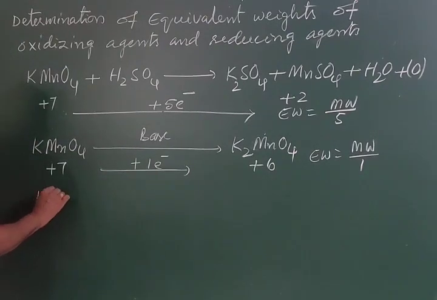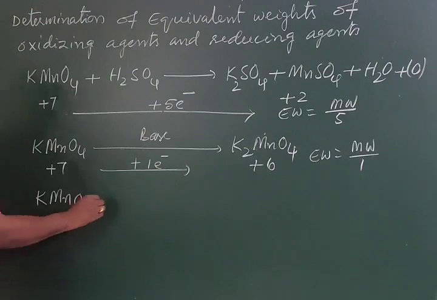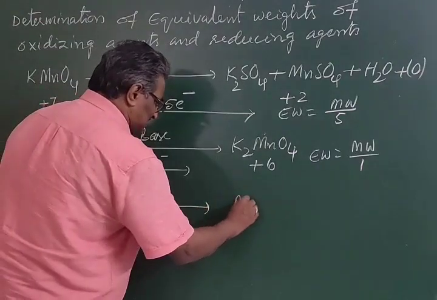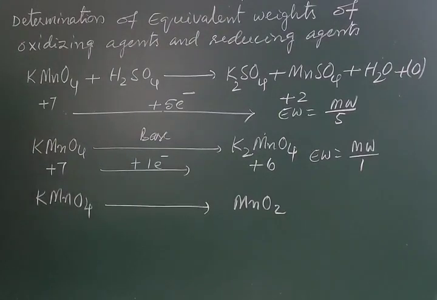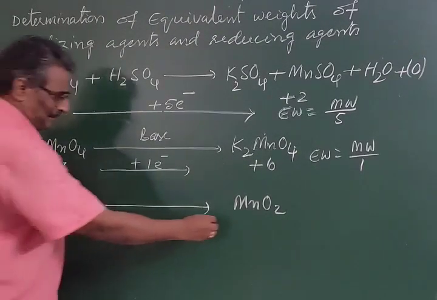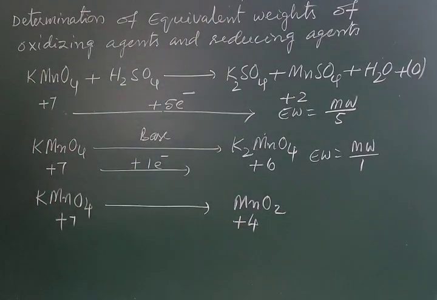In slightly acidic condition or in neutral solutions, potassium permanganate changes to manganese dioxide, in which the oxidation state of manganese changes from +7 to +4. What is the change in the oxidation state? 3. 7 minus 4, 3.